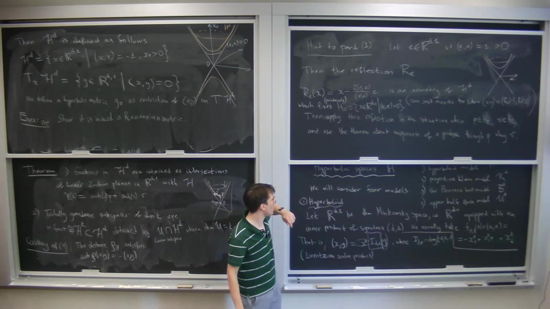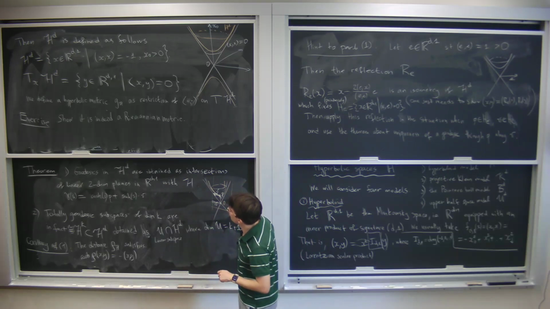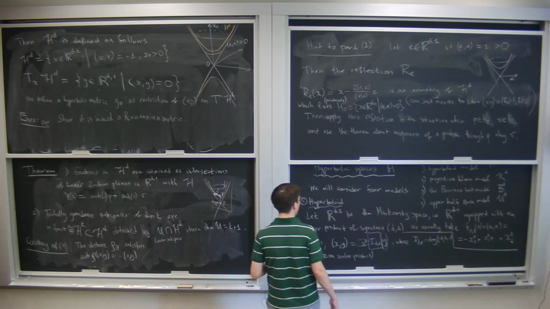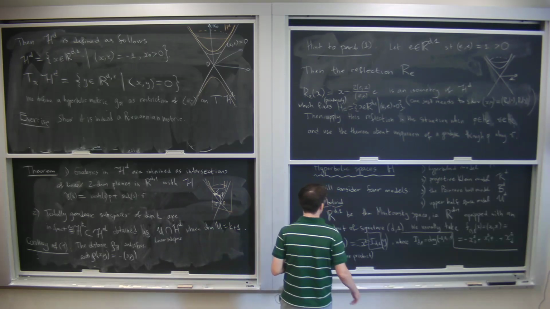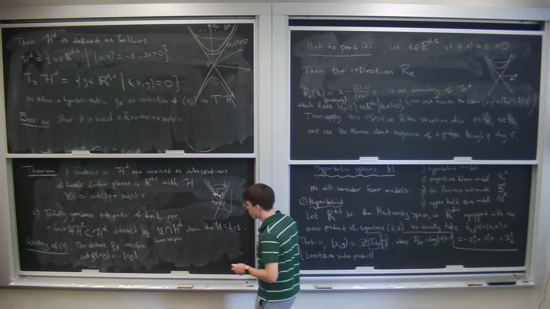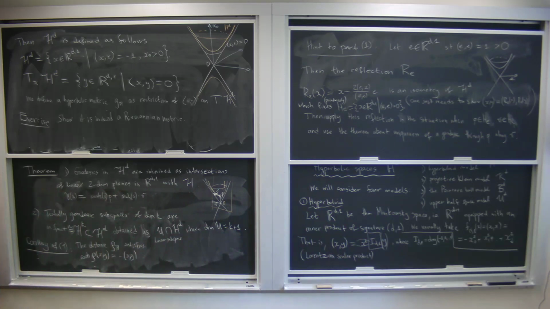Okay, now I want to say something about other models of the hyperbolic space, and I will need a picture. I will not erase all this. Let me now come to the left side.